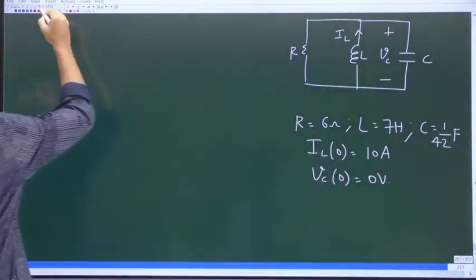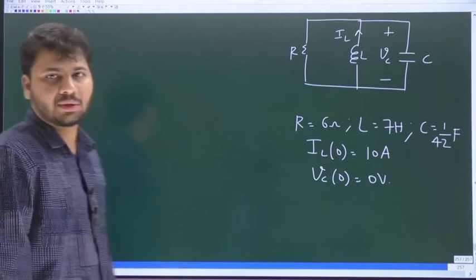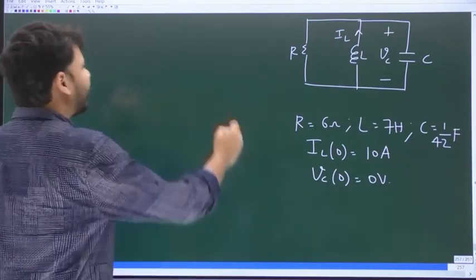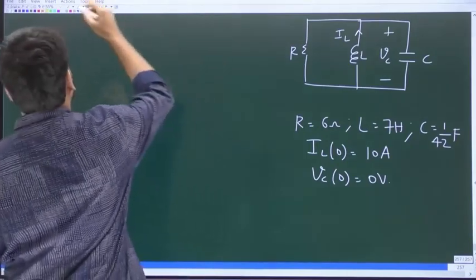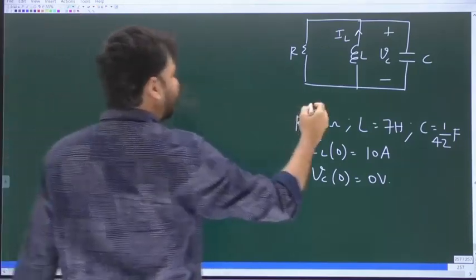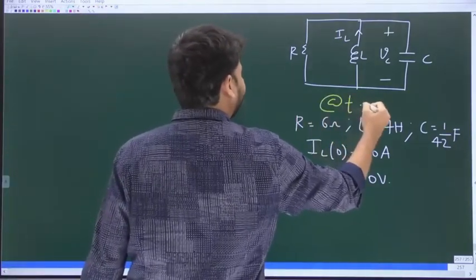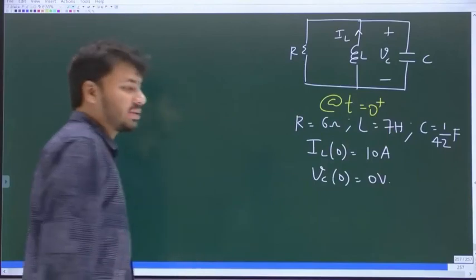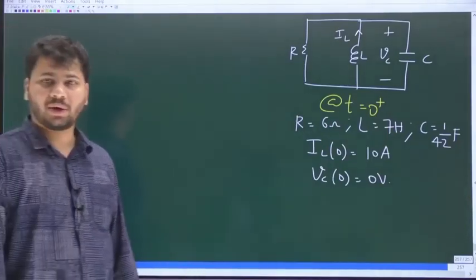Okay, look at this. We just have the original circuit. Let's look at this circuit at t equal to 0 plus.